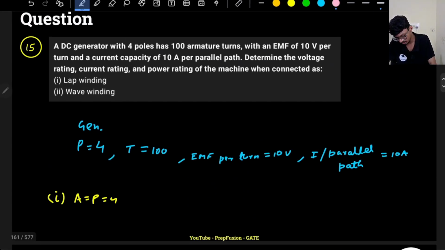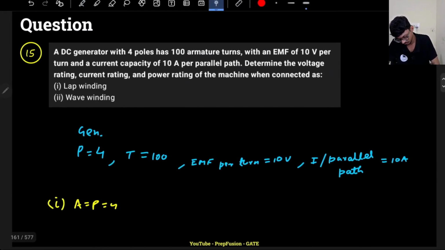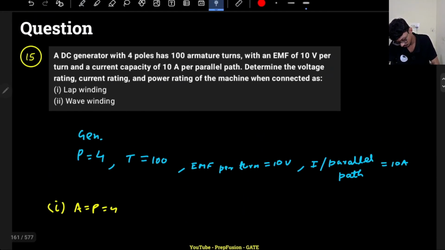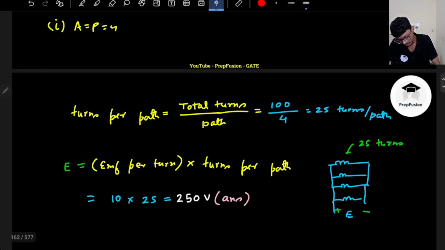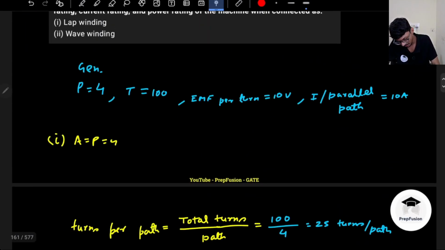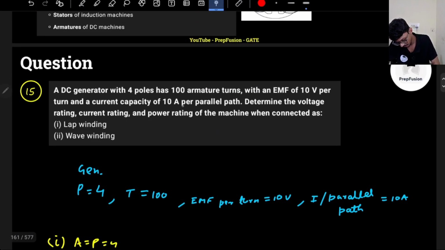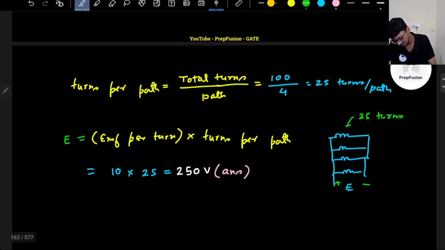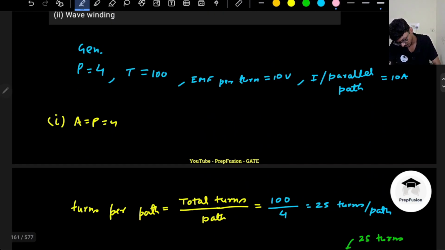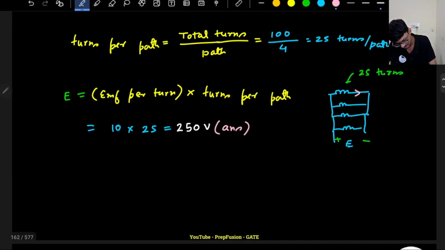Okay, now the second answer. The current rating. What will be the current rating? So I know each parallel path can support how much current? 10 amperes, right? They told me per parallel path the maximum current supported is 10 amperes. So this will also be maximum 10 amperes, right?